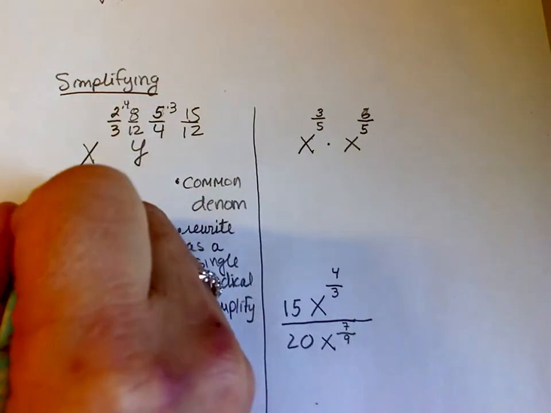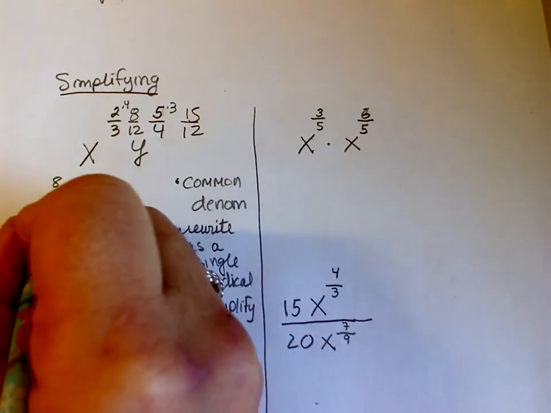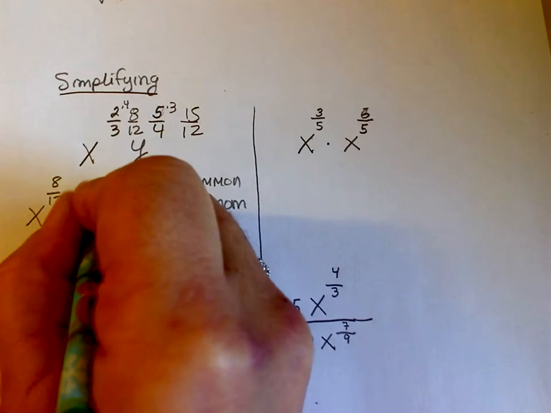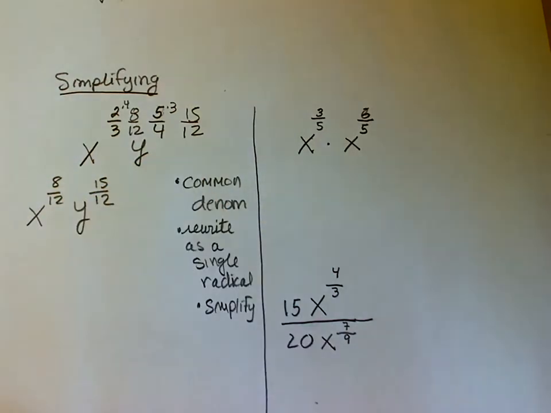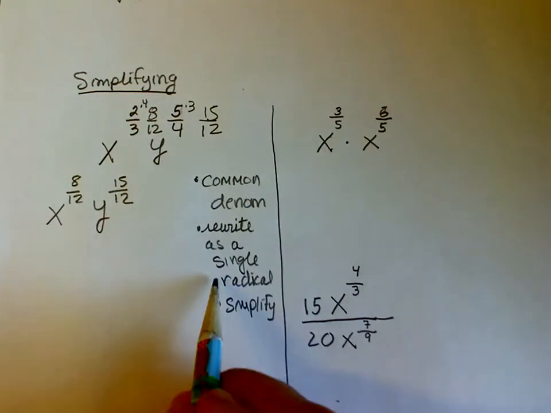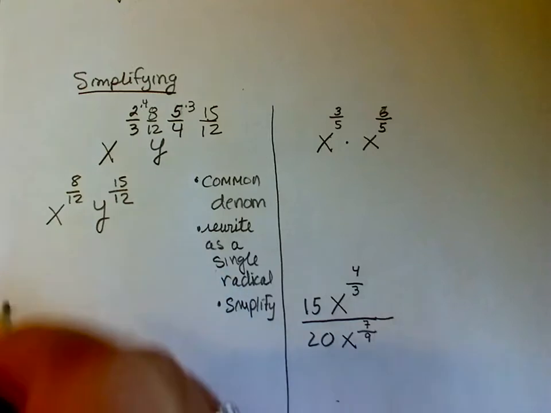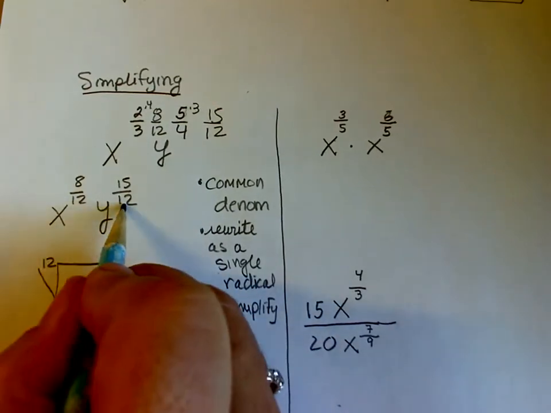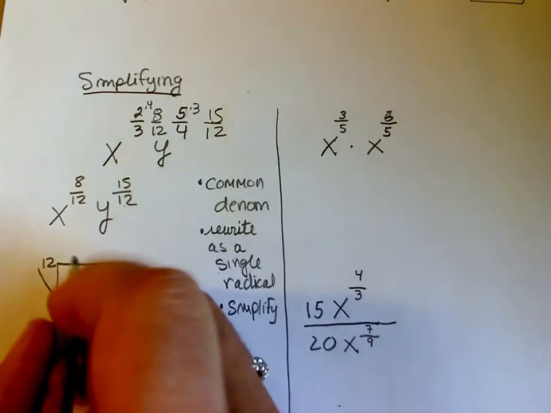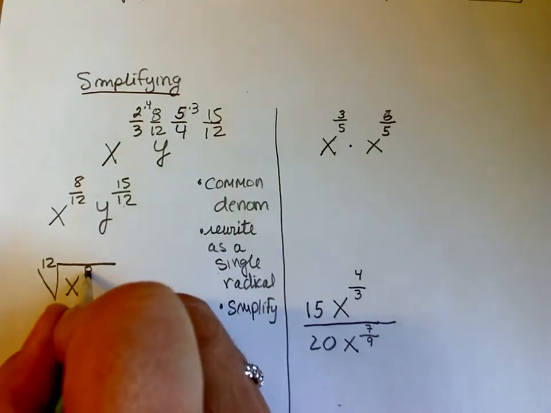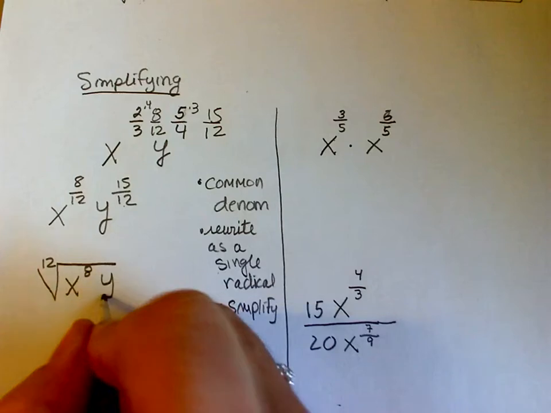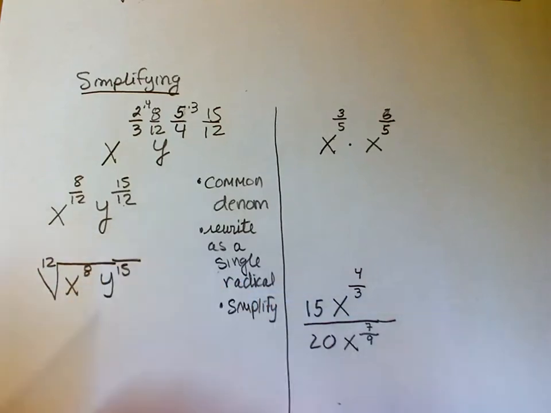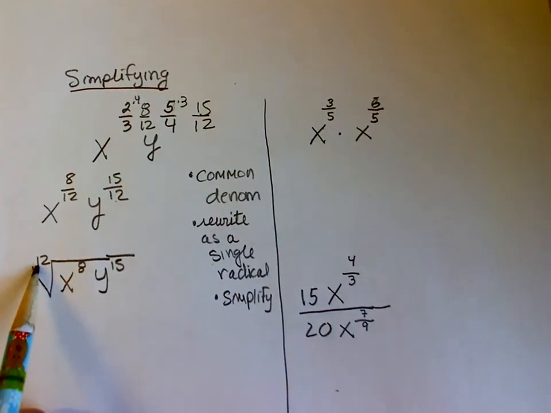And now I'm going to rewrite the expression so I have a clear visual as to how I'm going to now rewrite as a single radical. So my index is 12, the denominator of the rational exponent. The power of x is 8, and the exponent of y is 15. Now from here we can simplify the radical.